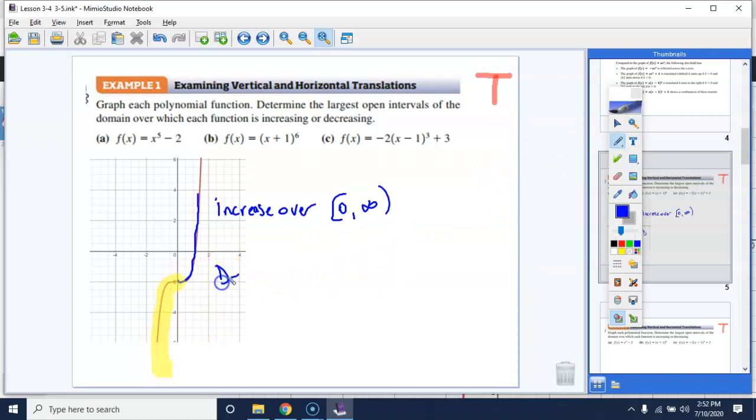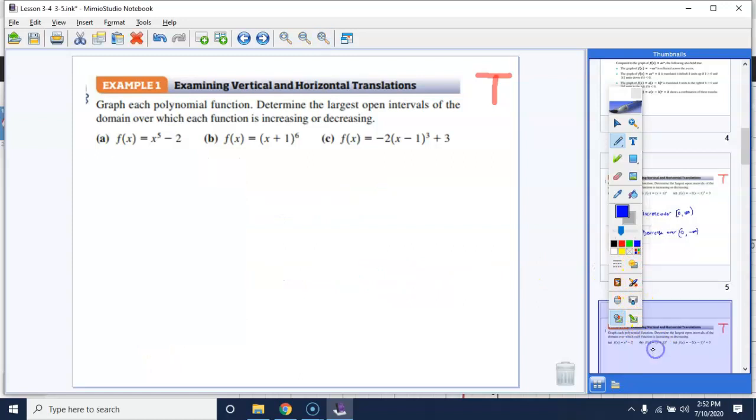And we're going to say decrease over 0 to negative infinity, right?